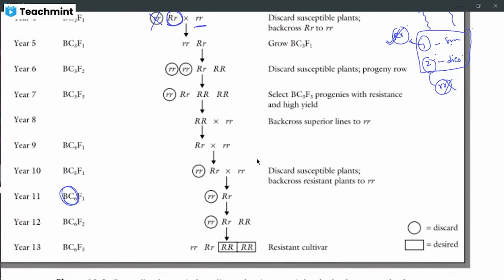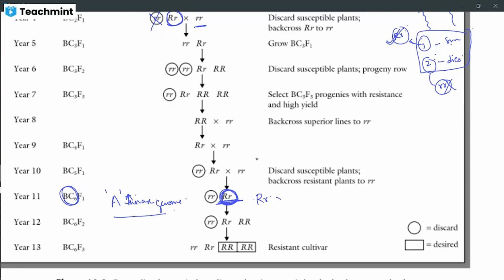So ultimately, after 6 backcrosses, you will be increasing the genome content of which parent? A. So A genome content increases. But with respect to the disease resistant gene, we will be having the heterozygote condition, that is your capital R and small r.